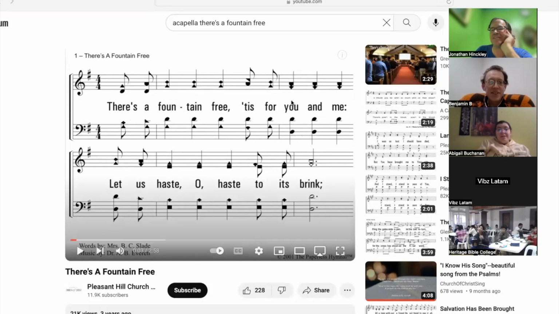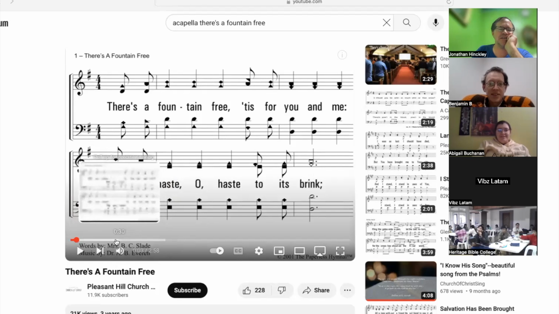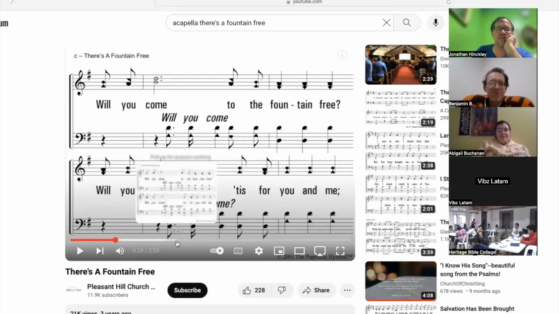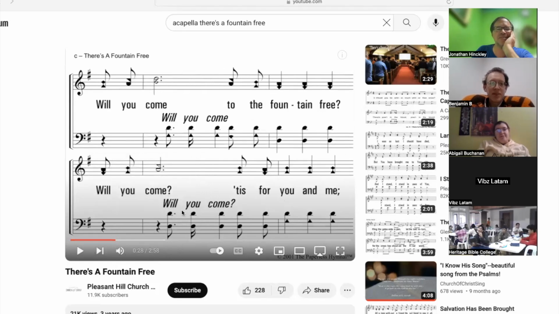It's a 5. It does not have the fa. It's not sol ti re fa, but it's sol ti re. Okay? So sol ti re. What chord is this one? 5. So sol ti re. And a lot of these all throughout.